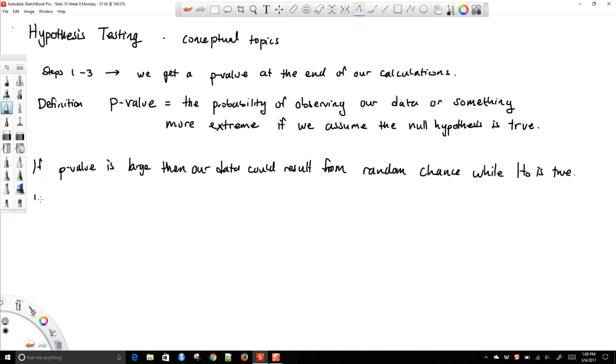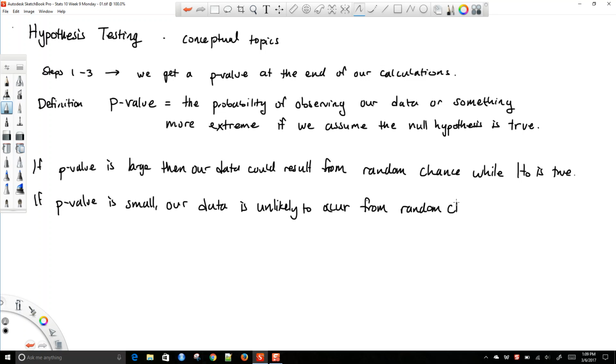Right now, the way we decide whether the p-value is large or small is that we compare it to alpha.